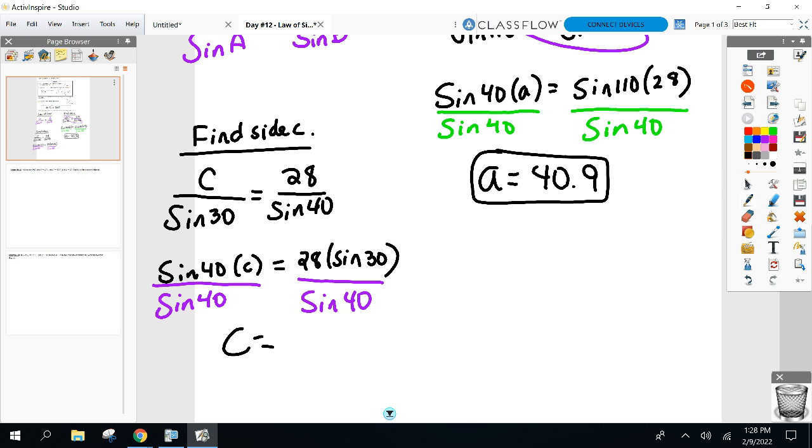Side C, 21.8. Look all right, 21.8. Don't go on to the next one.